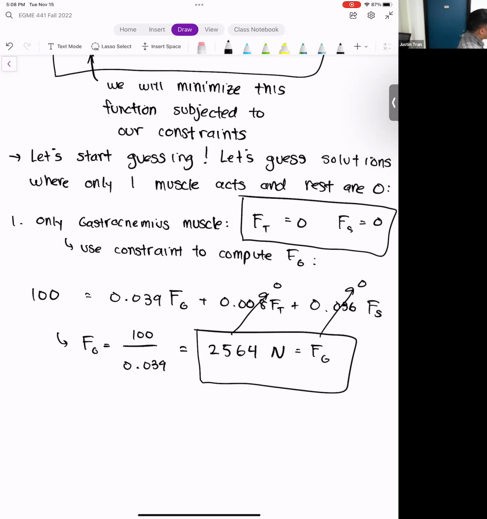And so with that, we have solved for basically the design variables under this condition here. Okay. And so we know FG, we know FS, we know FT. And so now that we know the design variables, we can compute our objective function.